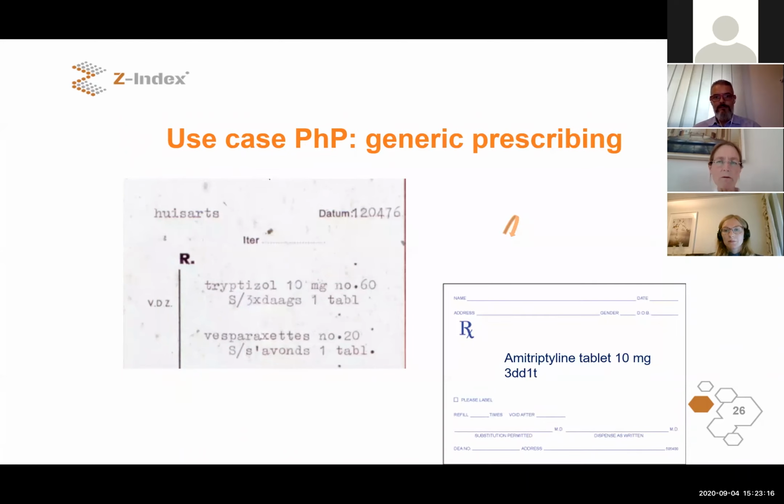And when we look at the use cases for a medicinal product dictionary, there are several. The first, an important one, is prescribing, especially generic prescription. If you would like to prescribe on a generic level, it is very useful to have an abstract level of the drugs.